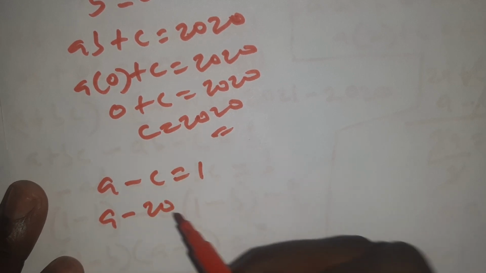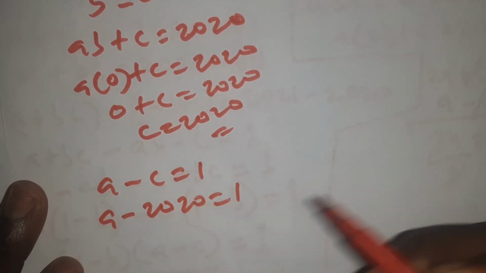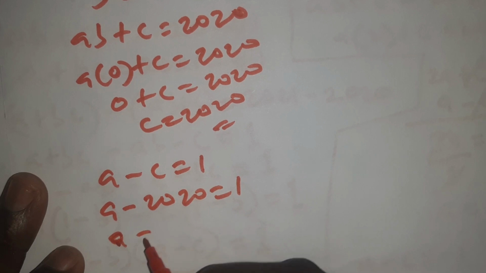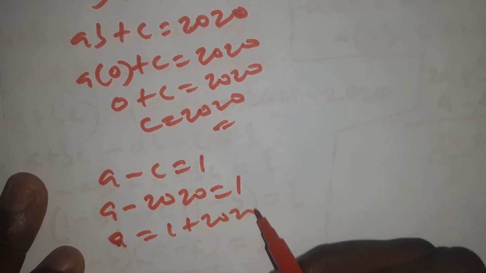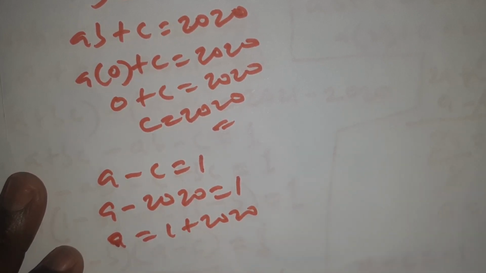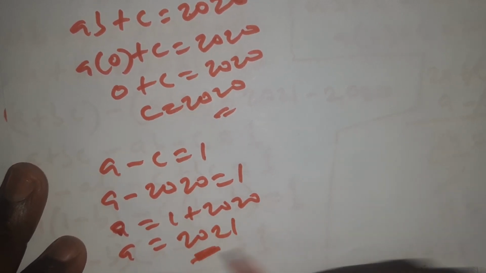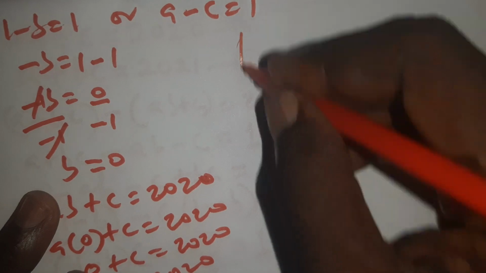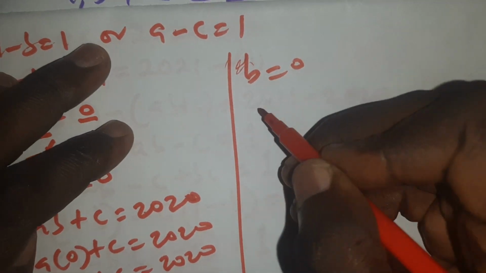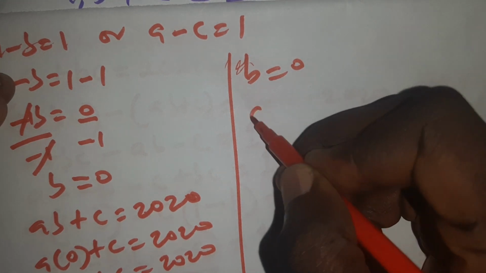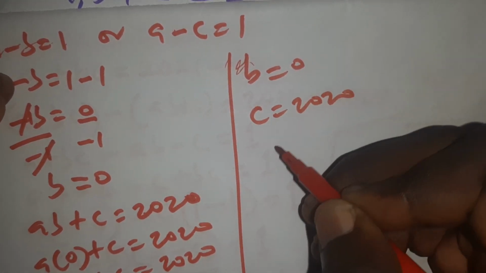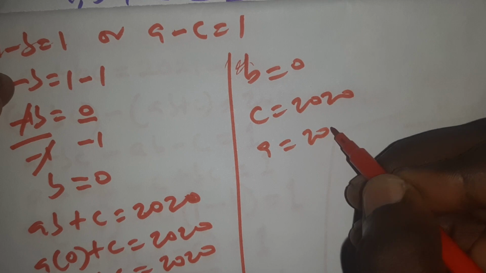A minus 2020 equals 1. Then A will now be 1 plus 2020, so our A will be equal to 2021. So for case 2, we have B equals 0, C equals 2020, and A equals 2021.